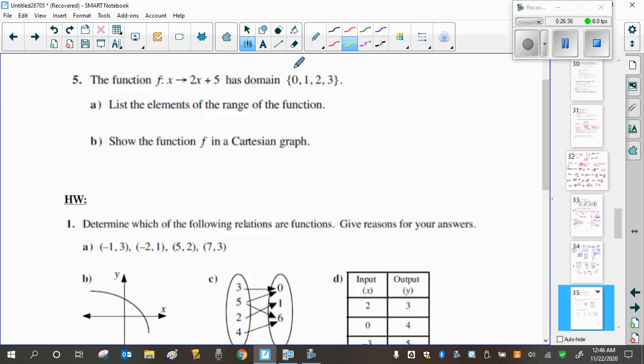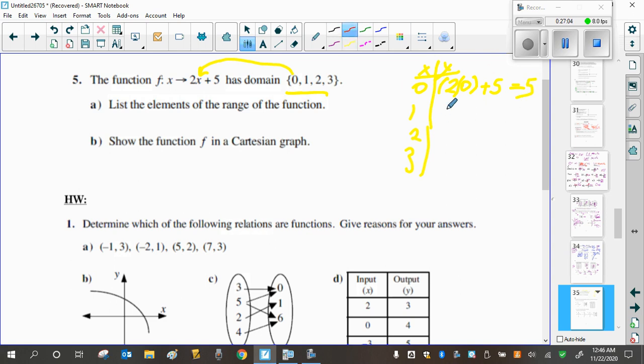So again, we can see this as a table of values where the x's, the inputs, are 0, 1, 2, 3. If we sub in 0 for the x, you get 2 times 0 plus 5, which equals 5.